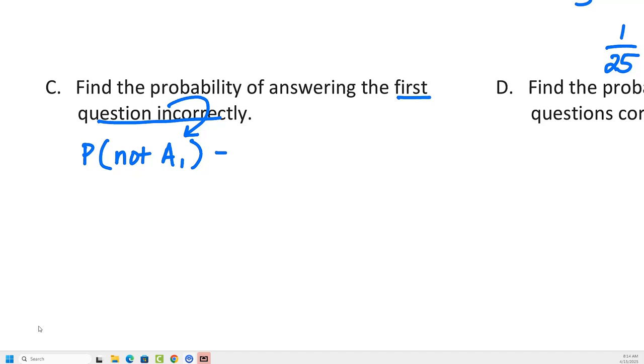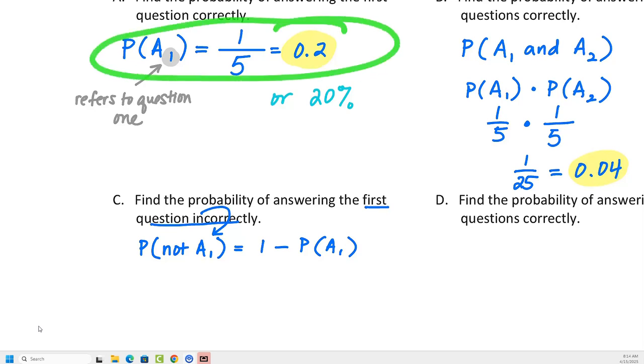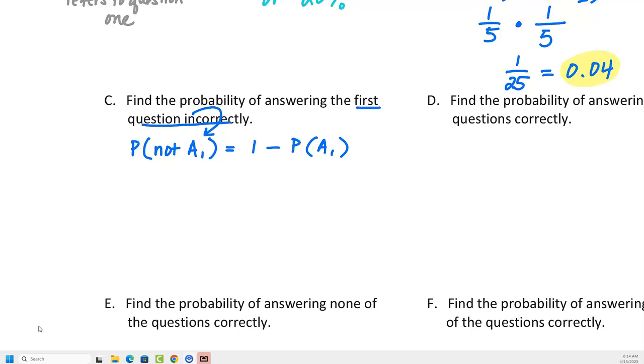Remember, if it's not A1, it's the same as 1 minus the probability of A1. And we calculated the probability of A1 up here, so can't I just put that down here? This is going to be 1 minus 1/5. Isn't that 4/5? Which as a decimal is 0.8.